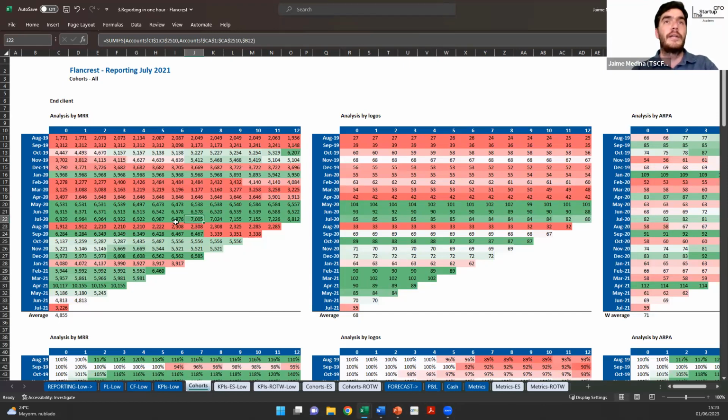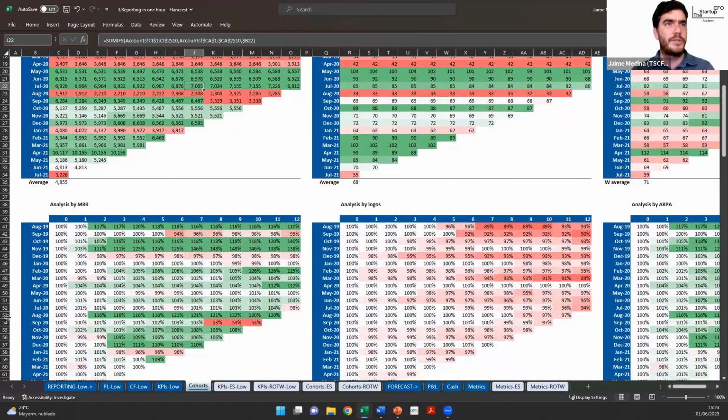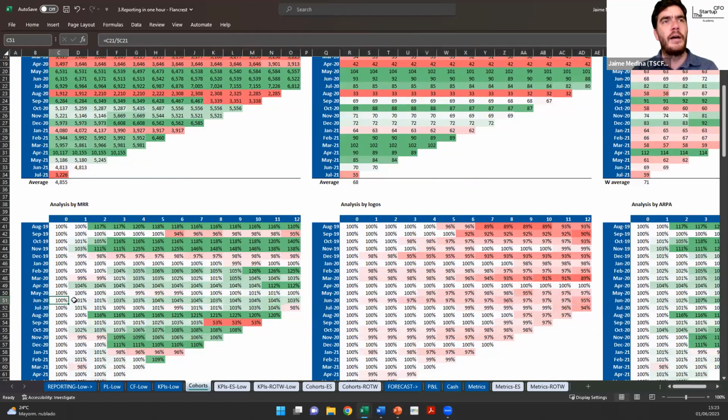Something important here is the cohorts. We will have a whole webinar on them, and we will cover them a little by the end of this webinar, probably, if we have time. They show us the evolution of the accounts that we captured, for example, in June 2020.